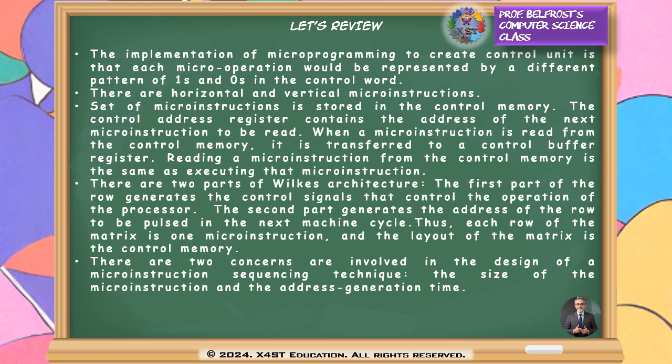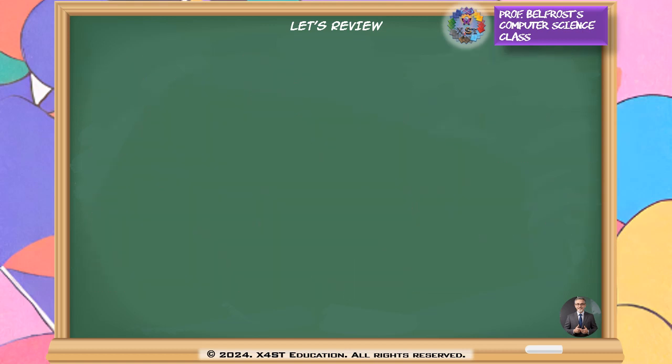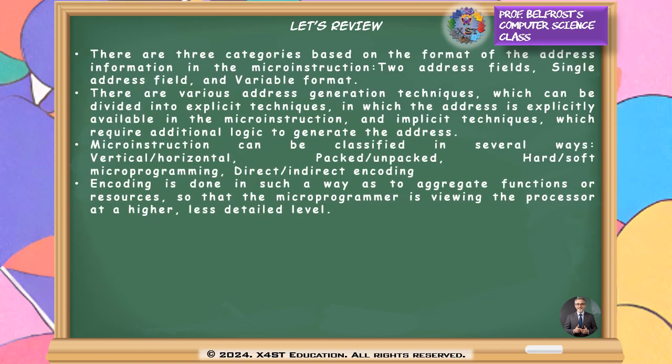There are two concerns involved in designing micro instruction sequencing techniques: first, the size of the micro instruction, and second, the address generation time. There are three broad categories based on the format of the address information in the microinstruction: first is two address field, second is single address field, and third is variable format.